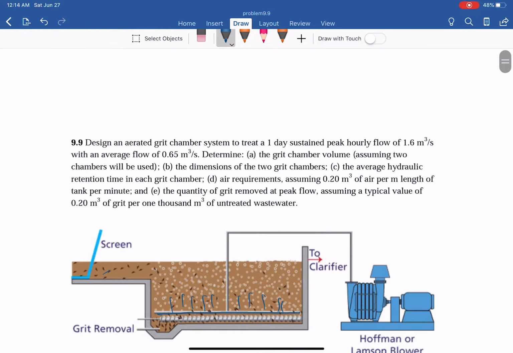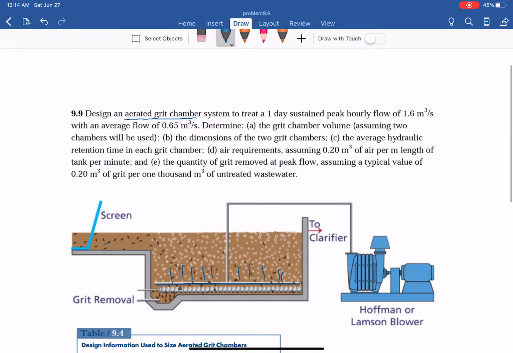Problem 9.9. Here we need to design an aerated grit chamber. Remember, as we mentioned in the lectures, the grit chamber will remove only the inorganic grit. Of course, if you have aeration in the grit tank, there's a blower that will allow air to come into the tank, and you can see the air bubbles.